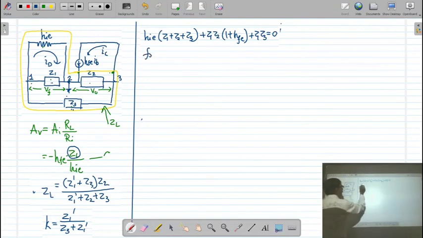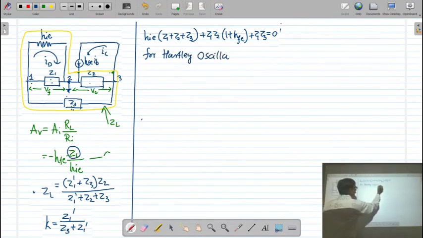For Hartley oscillator, here, what is Z1? Z1 means here that it is an inductor, correct? So we can write it is j omega (L1 plus M).